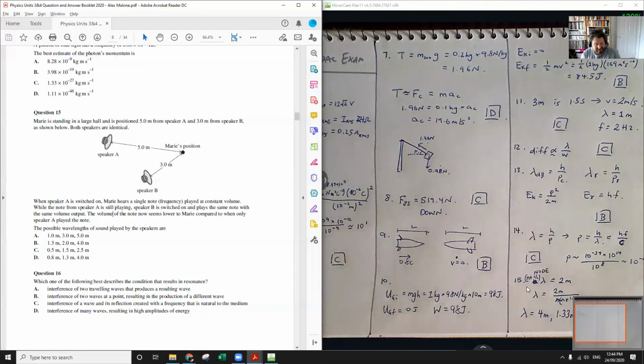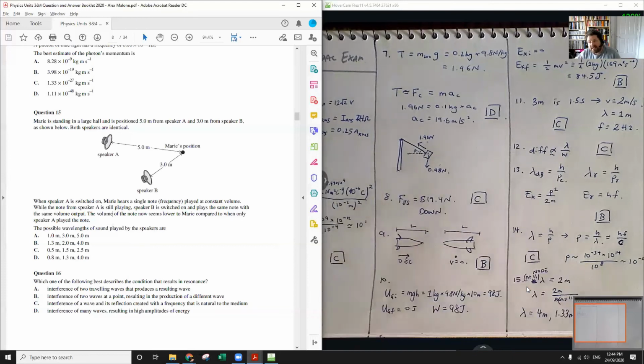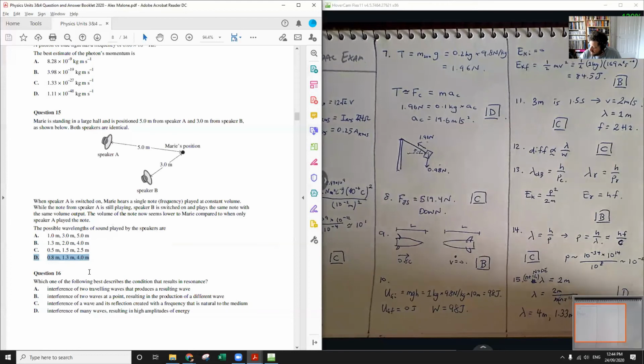But 2 divided by 3.5 is 0.57 meters, and so on and so forth. So we're going to go to this list here, and we see that option D gives us 0.8 meters, 1.3 meters, and 4 meters. So D is going to be right.